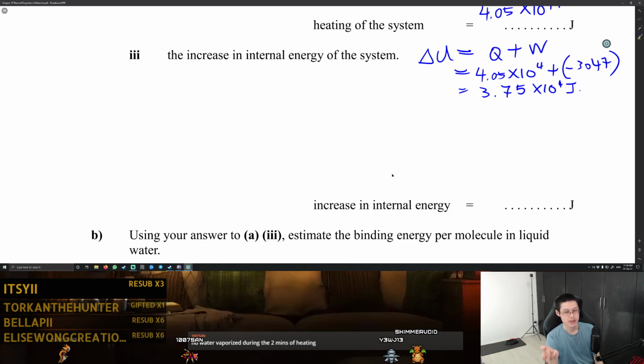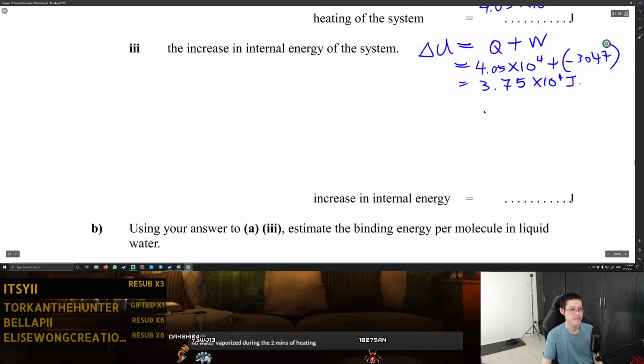Okay, so whatever increase in internal energy of a substance when you change its state is going to be distributed to the molecules in the liquid water.